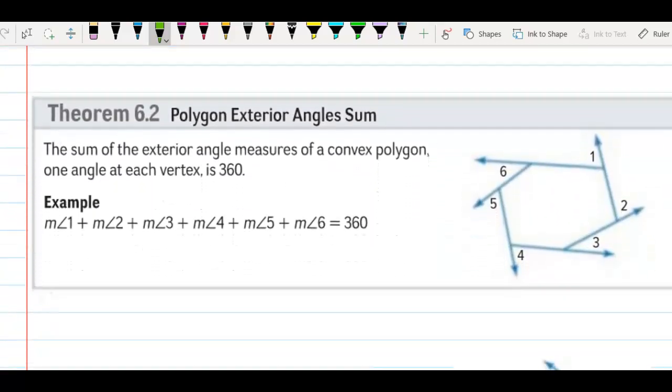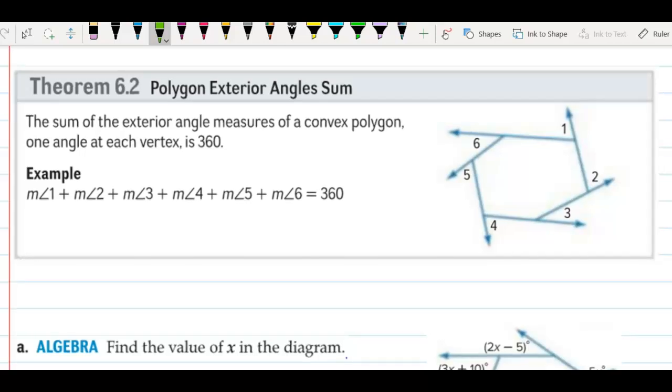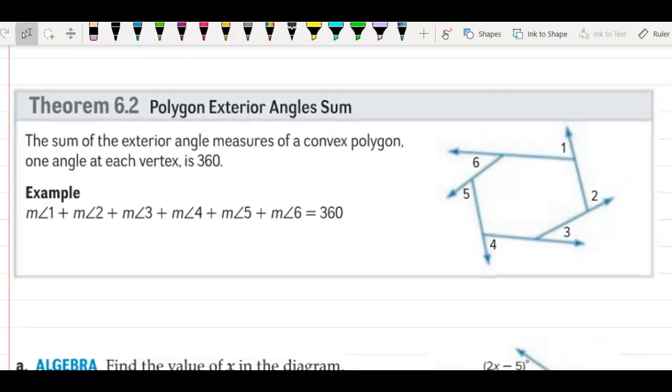All right, our second and final POSH that we're going to talk about is the exterior angles. This is saying that if we extend each side out, we would create the exterior angles. These exterior angles will all add up to 360.